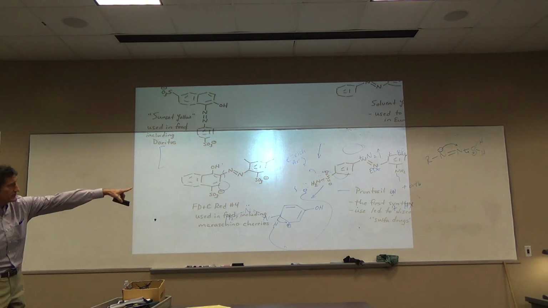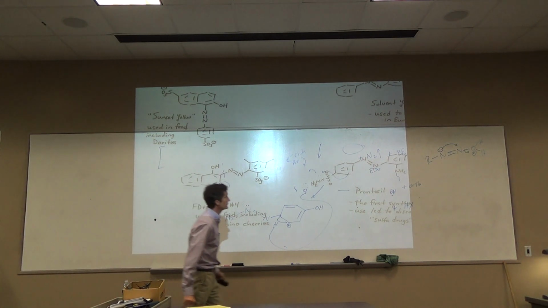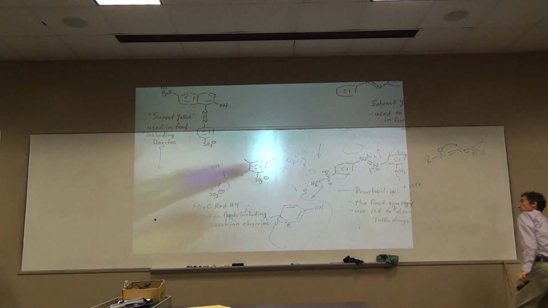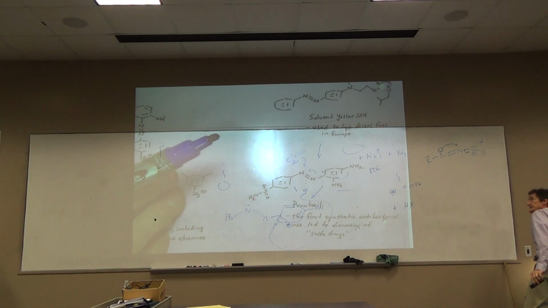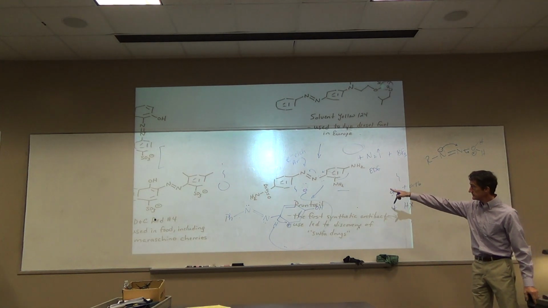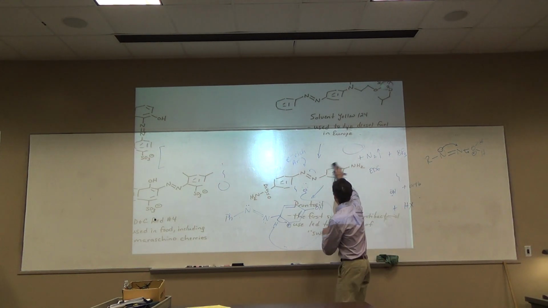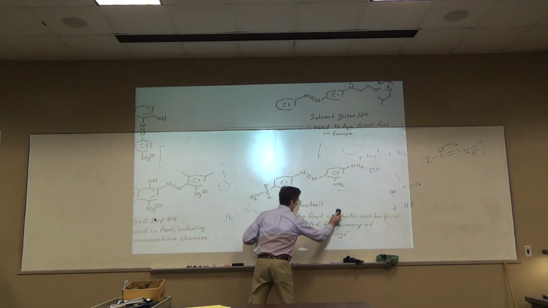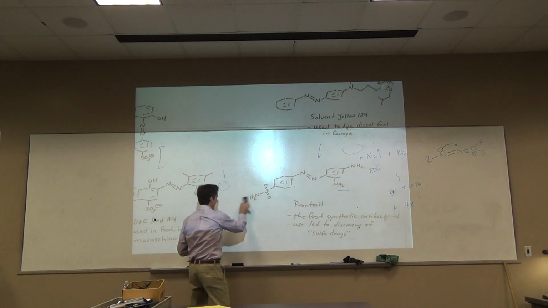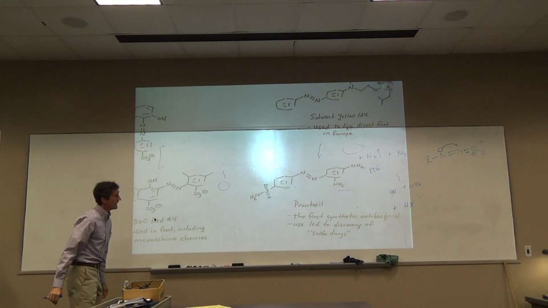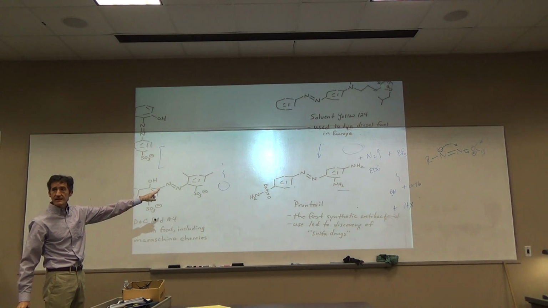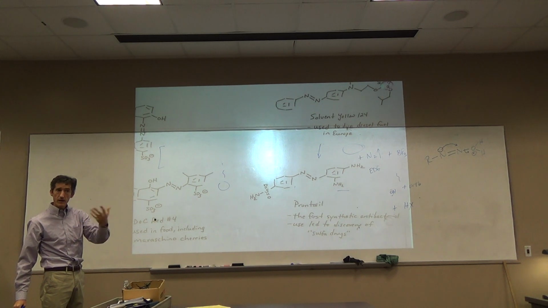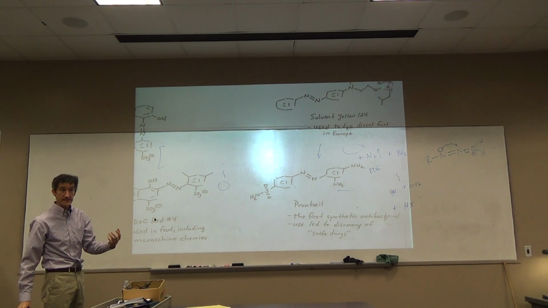Now there's actually a good compound here, a drug. The first antibiotic drug was Prontosil. It was an azo dye. A guy named Paul Ehrlich was using this dye for biological staining.